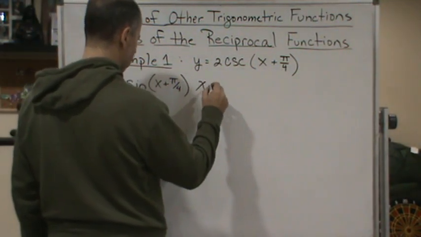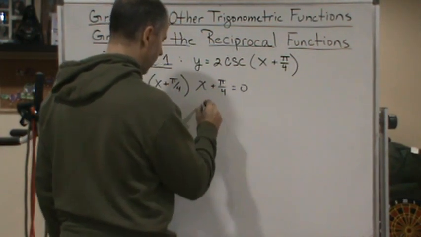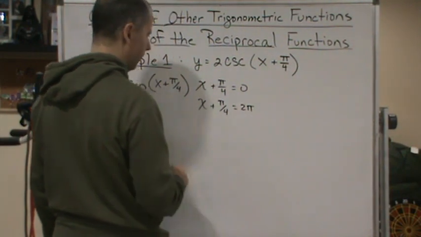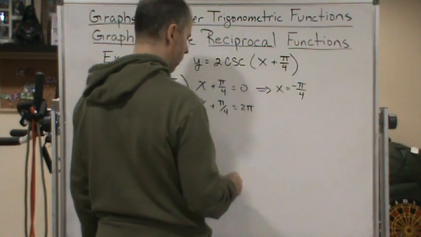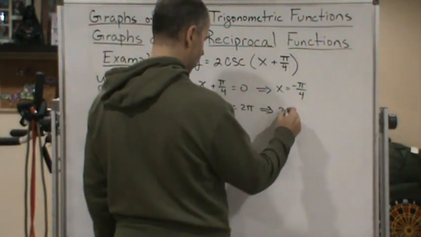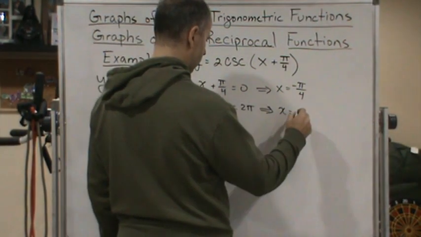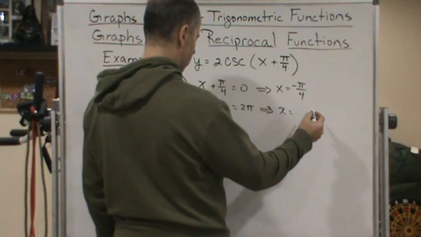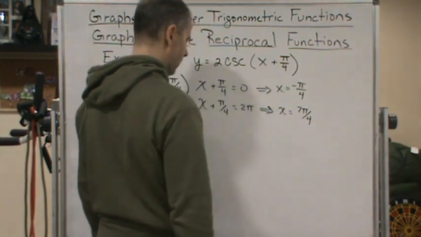So let's do that. x plus pi over 4 is equal to 0, and x plus pi over 4 is equal to 2 pi. Again, this implies that x is equal to negative pi over 4, and this is going to be true when x is equal to 7 pi over 4.